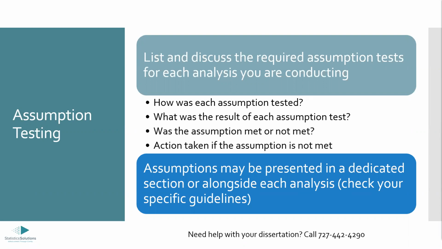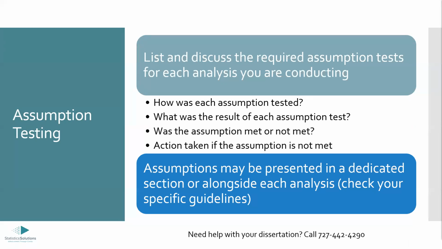And then if you do have violations of your assumptions or any assumptions that were not met, you should discuss the action taken to account for the violations of those assumptions. And that'll really vary depending on what assumption you're testing and what the appropriate methods are for accounting for violations of the assumptions. So for instance, for normality, you might do a transformation to the data to make it normal.